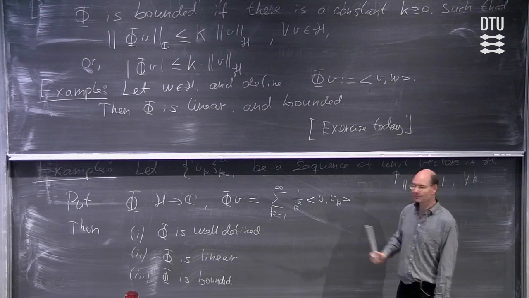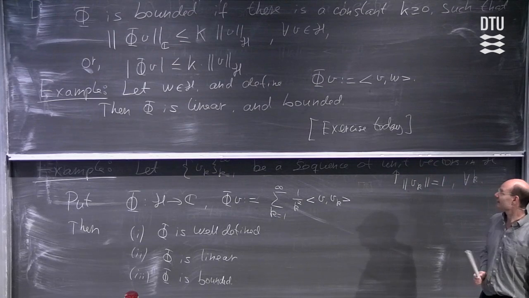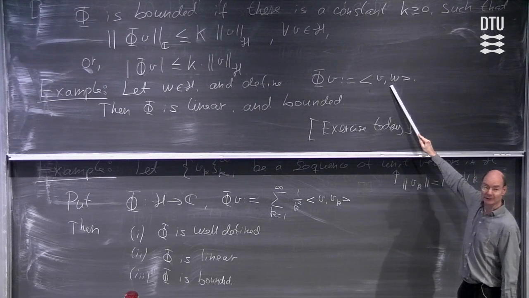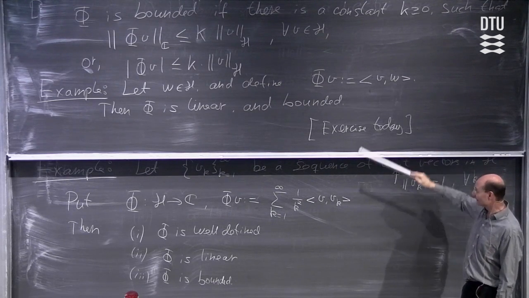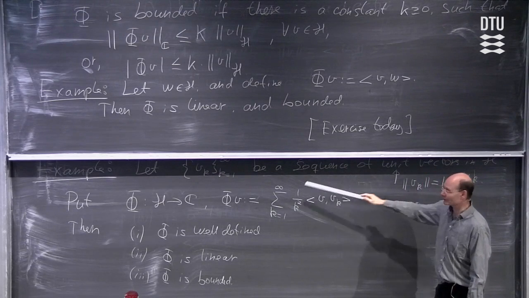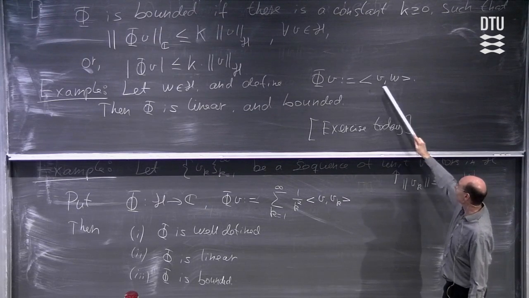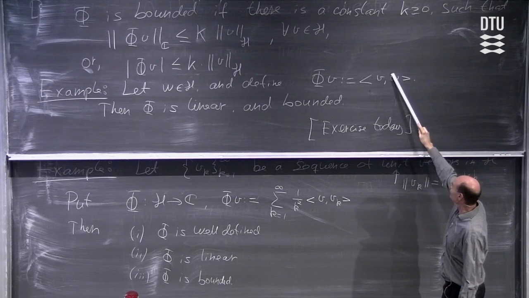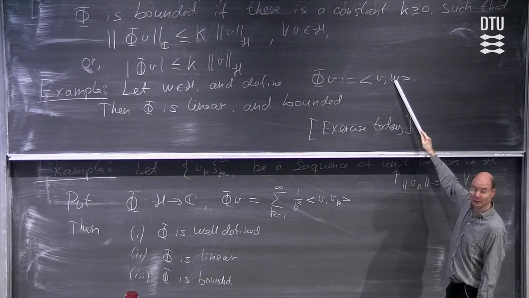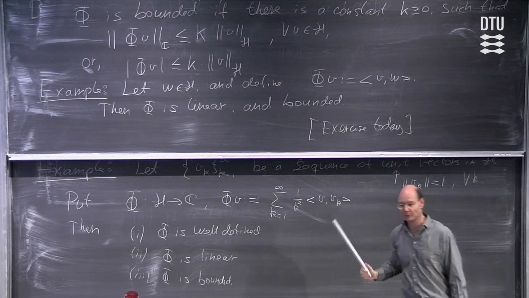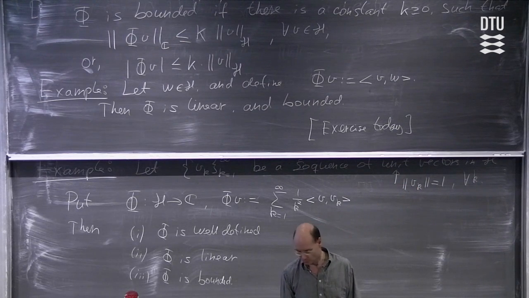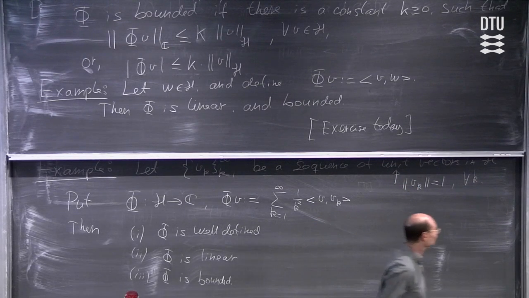But it turns out that all functionals can actually be written this way. So that means even this complicated expression we are looking at here actually has this shape if we choose this vector in a good way. So this is a very important statement, and this is what I'll show for you now.